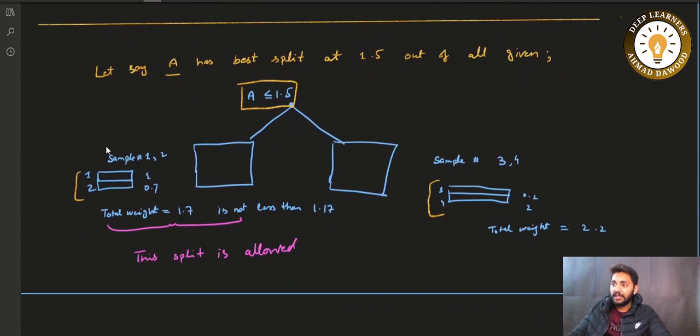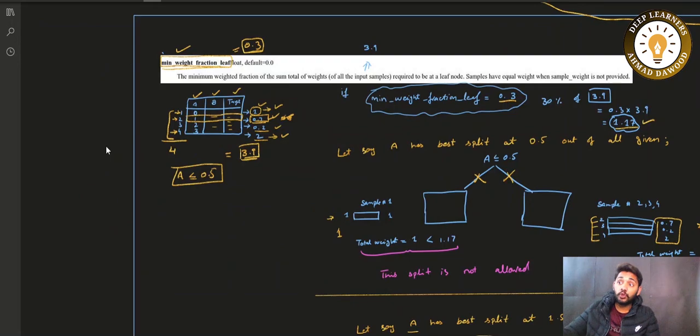When you sum the weights, the sum on the left side is 1.7, and on the right side the weighted sum is 2.2. Here 1.7 is greater than the 1.17 that you have mentioned, and 2.2 is also greater than 1.17, so this split will be allowed. If you have used your sample weights and passed some value, this is the way it will calculate.